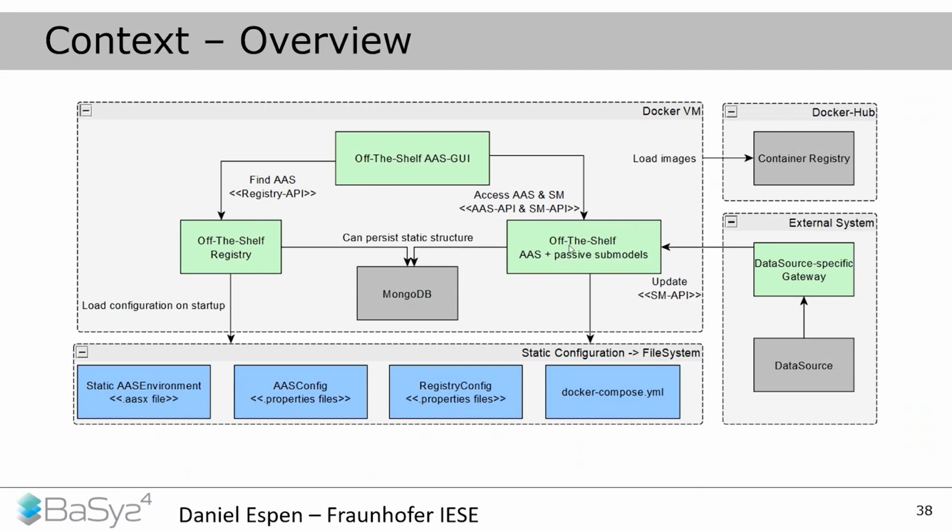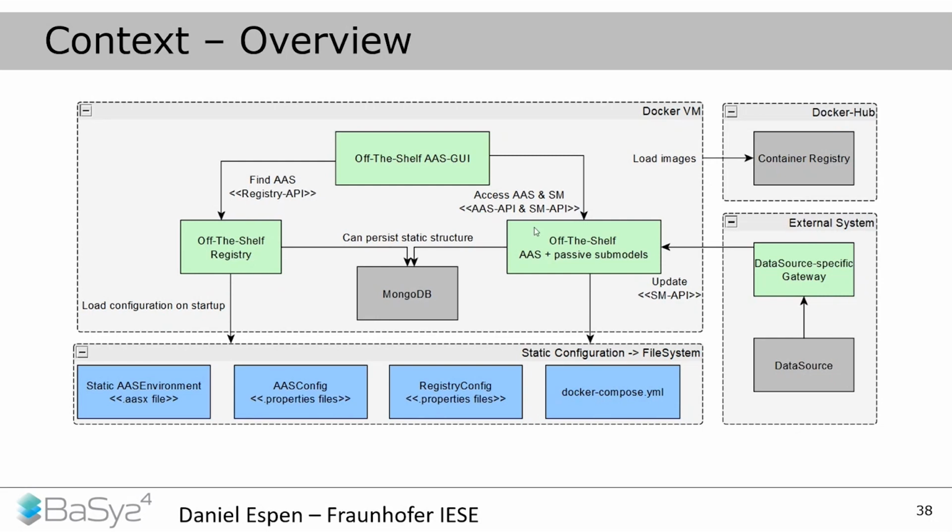And now in a later chapter, I will also show a little bit more about how to use another component that is in development to also update data in the off-the-shelf AAS server. Because what we did now is just uploading static data into the server.